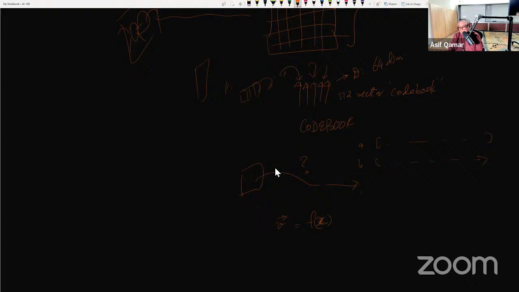I'm going to replace v by something in my code book, e, from this library of 512 vectors. I just have to find out which one it is closest to. Let's say that this is closest to E121 as an illustration. Then you would say that z, which is a latent vector, is actually E121 for this feature map.